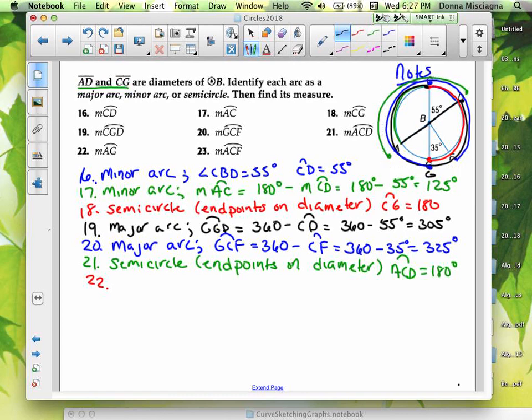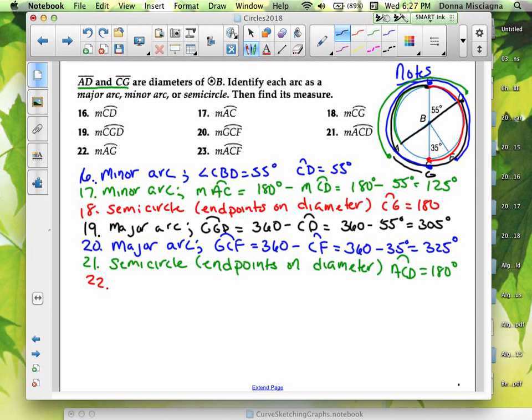So we want AG just from here to here. One of the few angles that is not listed there, but that's okay. We can find it. So let's see what it is that we know. Well, actually there's a couple ways we could find it.